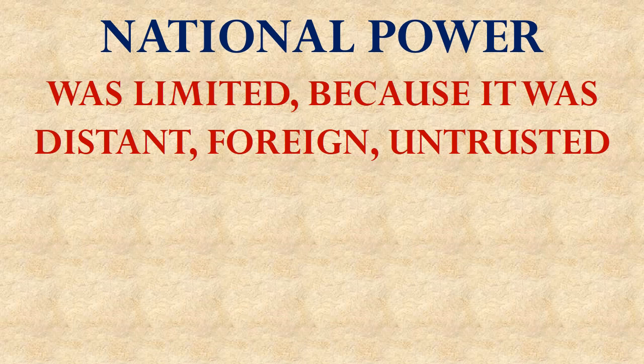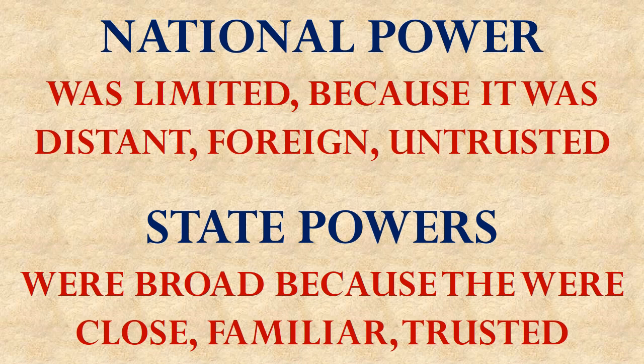So they wanted to give it only a very small set of jobs to do. They didn't trust it with more power. In contrast, the state powers were broad. They were these general police powers. Hey, state government, do whatever it takes to take care of people's health, safety, welfare, and morals. And they felt comfortable doing that because their state governments were close to them, familiar to them, full of the kind of people who were like them, who they felt they could trust.